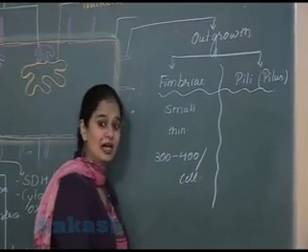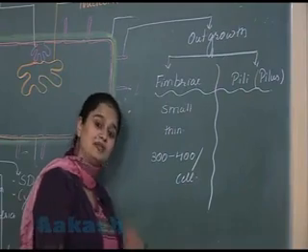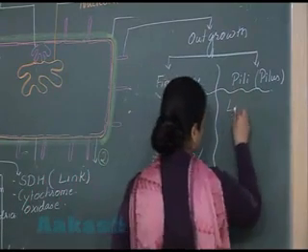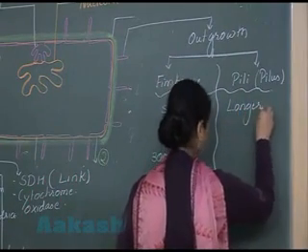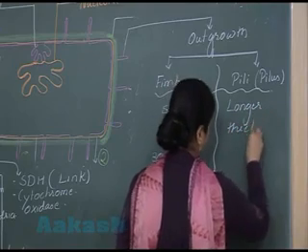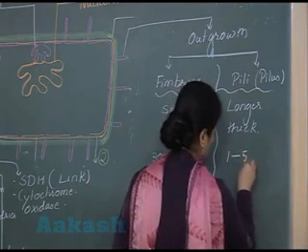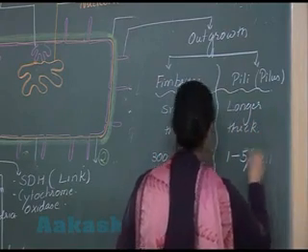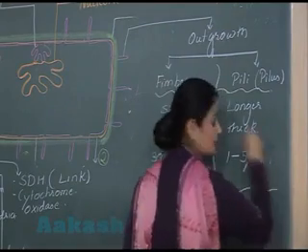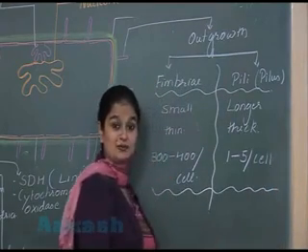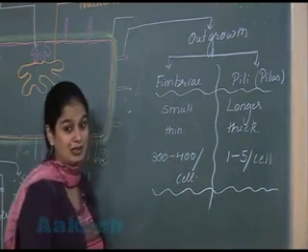Right? Pili, now they are comparatively longer, thick. Number is 1 to 5 per cell. So these are the differences between fimbriae and pili.